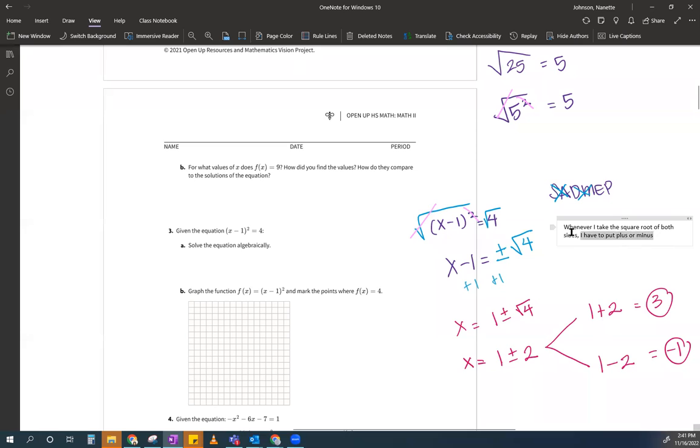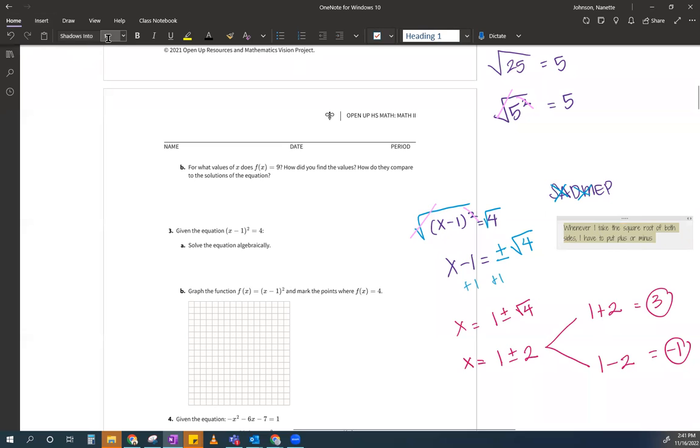You have to. Otherwise, the answer is not going to find itself. It's going to be hidden, and you're going to come out with one answer. Let me make this pop out so you can find it when you're looking at my notes. There. Whenever I take the square root, I have to put that plus or minus.